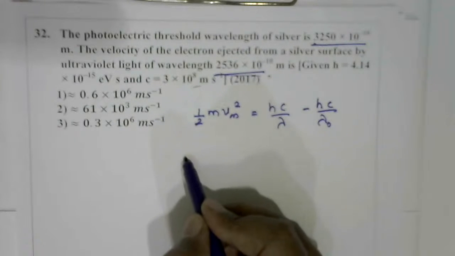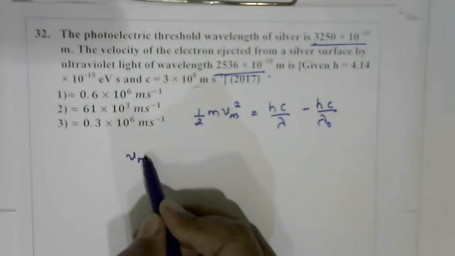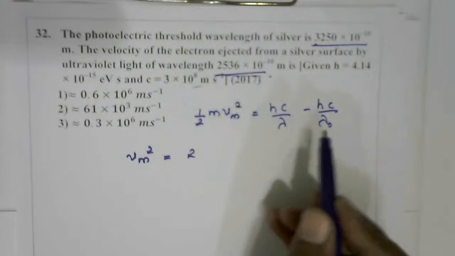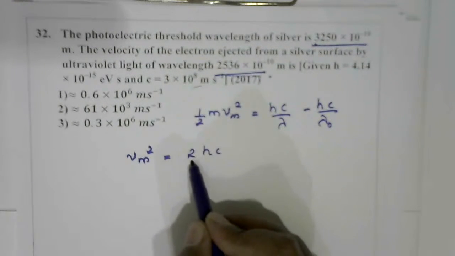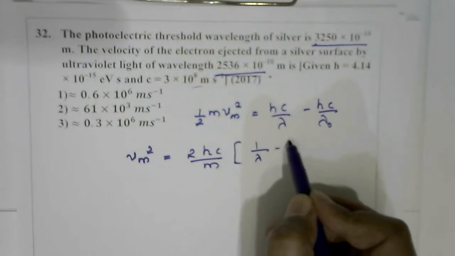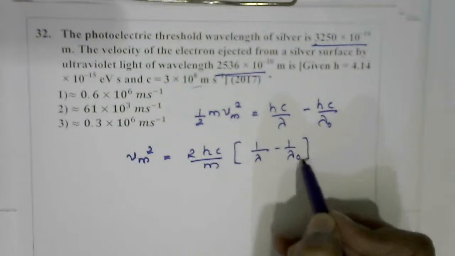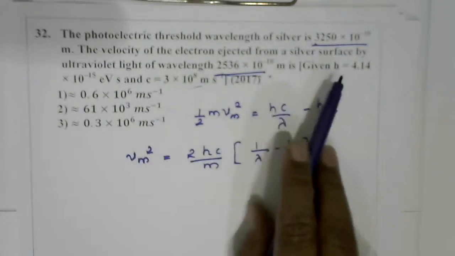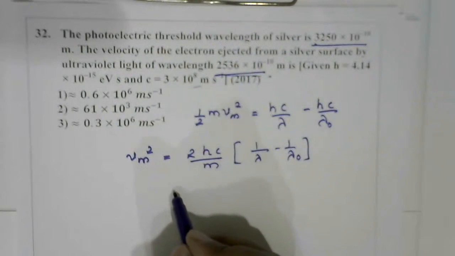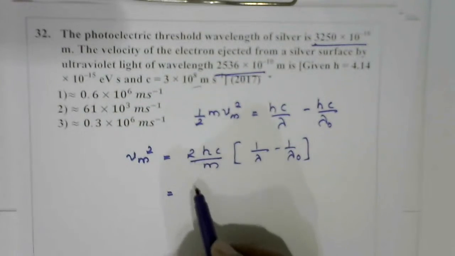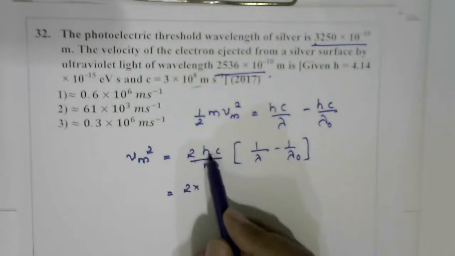Therefore v max squared equals 2 times hc, taking it common, divided by m, into 1 by lambda minus 1 by lambda naught. And be clear, usually the data will be designed, so instead of getting scared seeing the data, don't worry. It may take time for calculation here, but always the data will be designed.